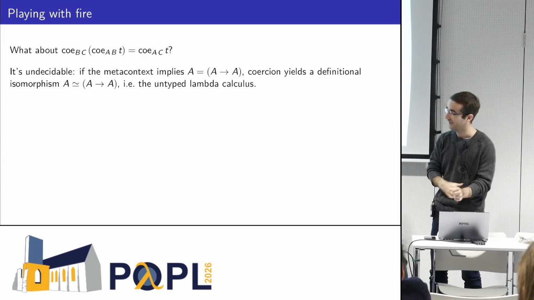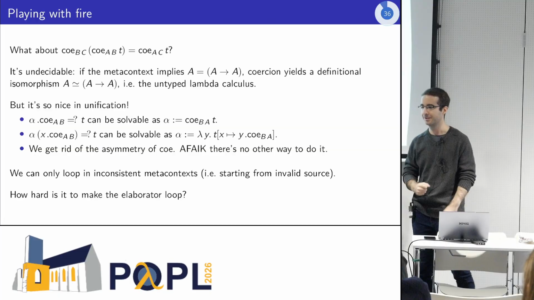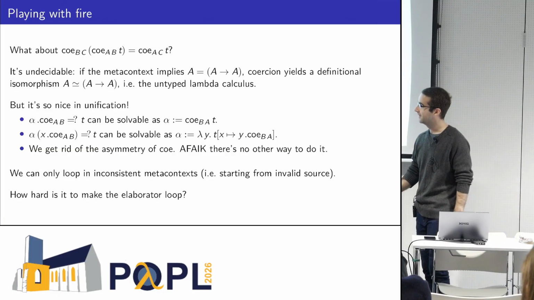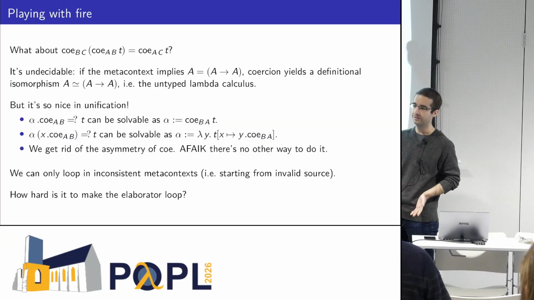So this is not decidable, but it is so nice in unification, because if you have a coerced meta on the left, you just shuffle the coercion to the right-hand side and you just solve.